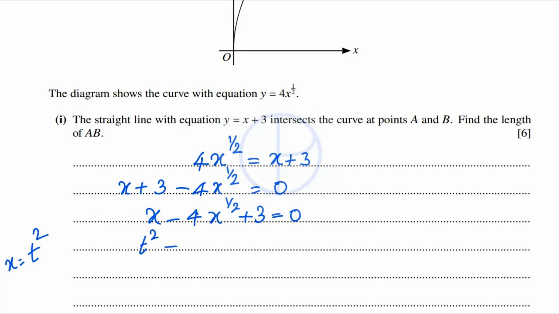This is t square, then 4, this will become t, plus 3 equal to 0. Factorize this one. You get (t minus 3) multiplied by (t minus 1) equal to 0. So t value is 1 and 3.